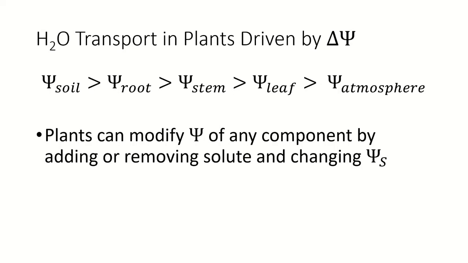So what I was talking about is the fact that these differences in potential are what drive water to go through a plant. You may have heard in biology class your freshman year that it was transpiration that drives water up a tree or up a plant, but it's actually this difference in water potential. So plants can manipulate their water potential in their cells by either adding or removing solute.